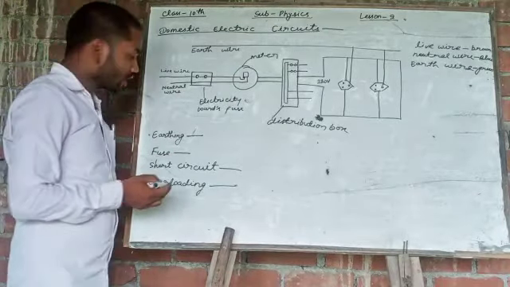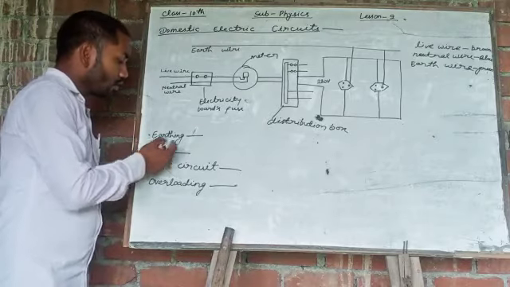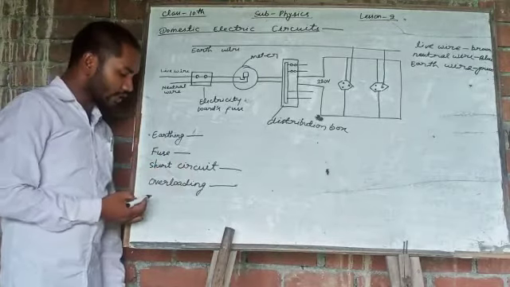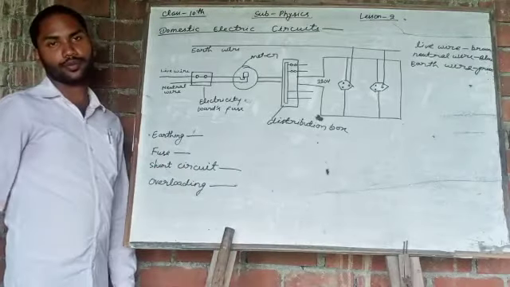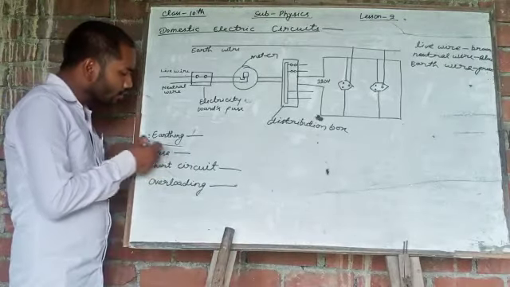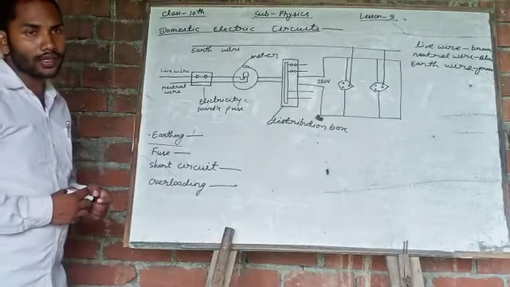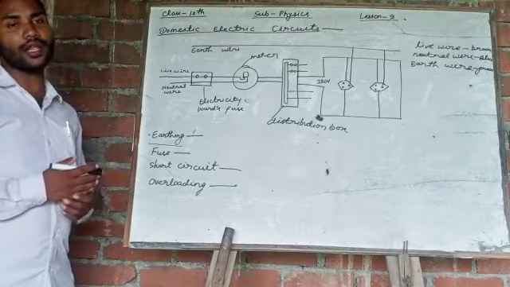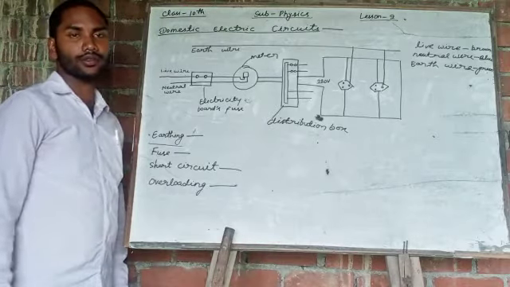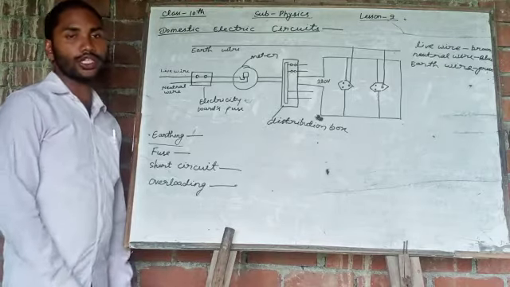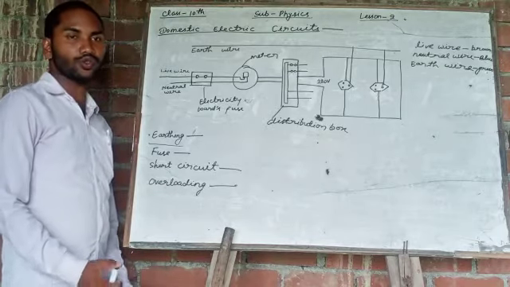Now we will discuss a few terms like earthing, fuse, short circuit, and overloading. First of all, what is earthing? Earthing is the connection of metallic electrical appliances to zero potential, that is, to the earth.